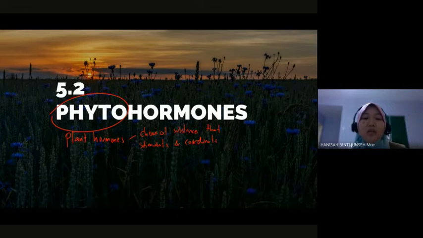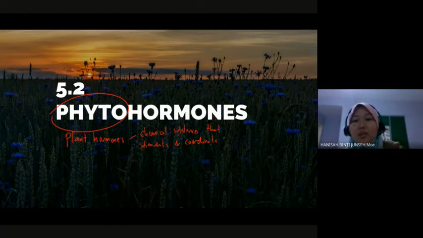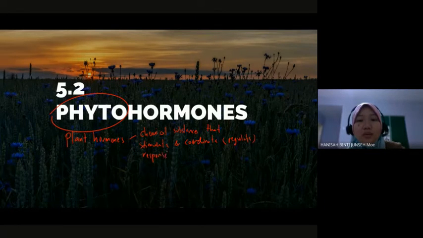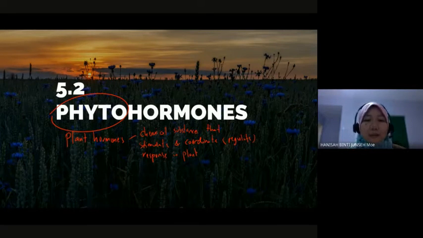Okay, so this word stimulate and coordinate, we can simplify as regulate, the response in plant. So this chemical substance helps to stimulate and coordinate the response in plant.